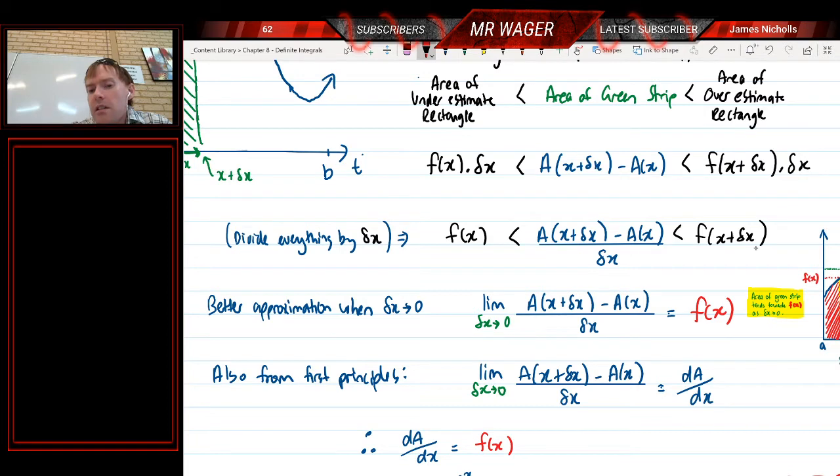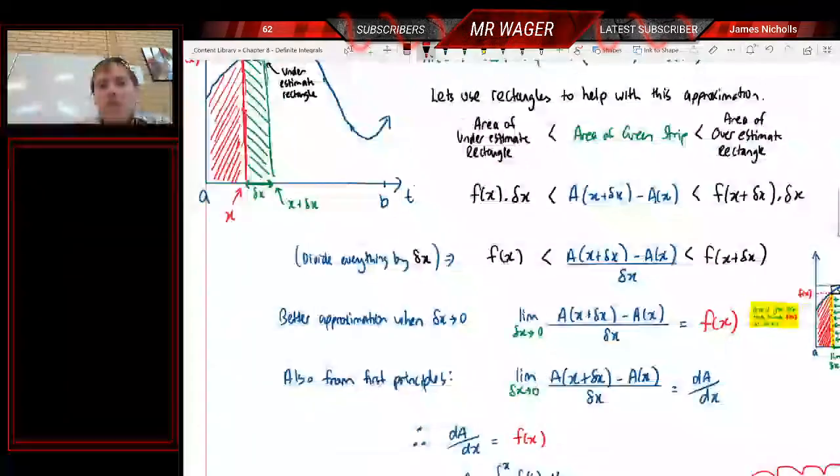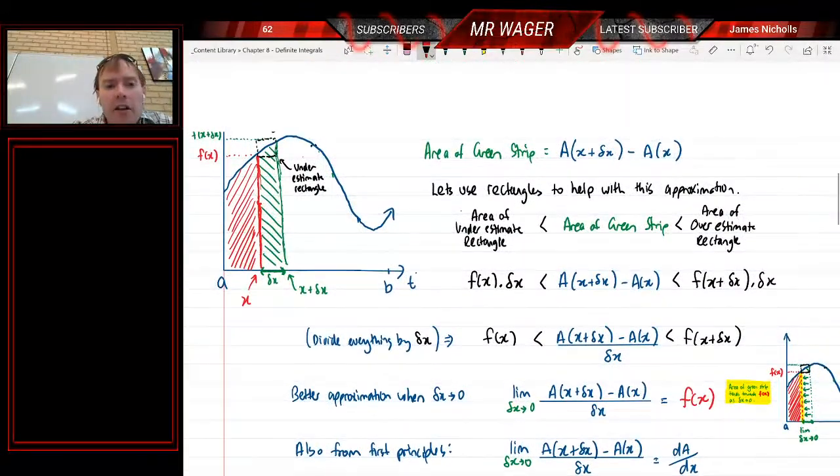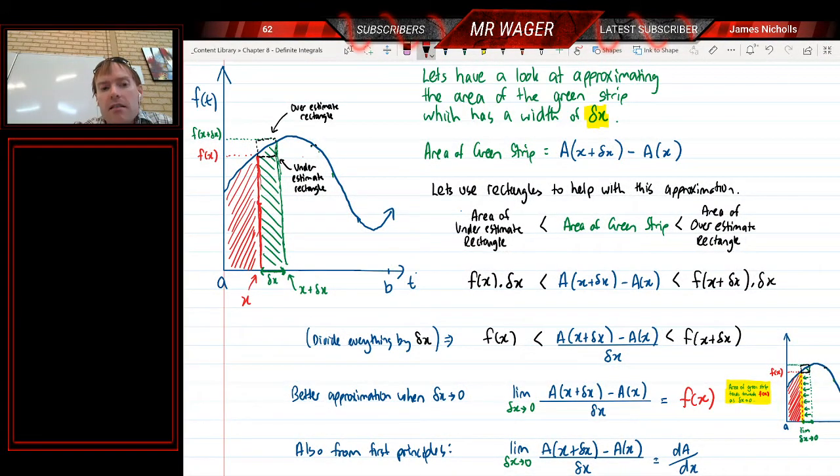It's the rate at which A is changing with respect to x. So what we're saying is this thing here, the derivative, the rate at which the area function is increasing is equal to f of x. It's equal to the height of my graph wherever x is on my graph, okay?